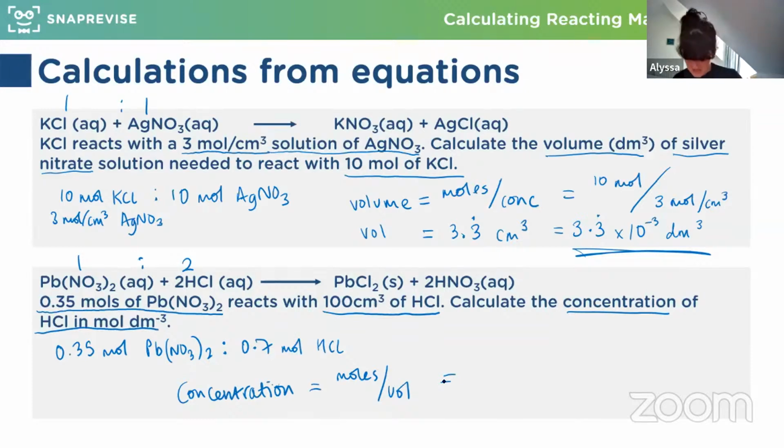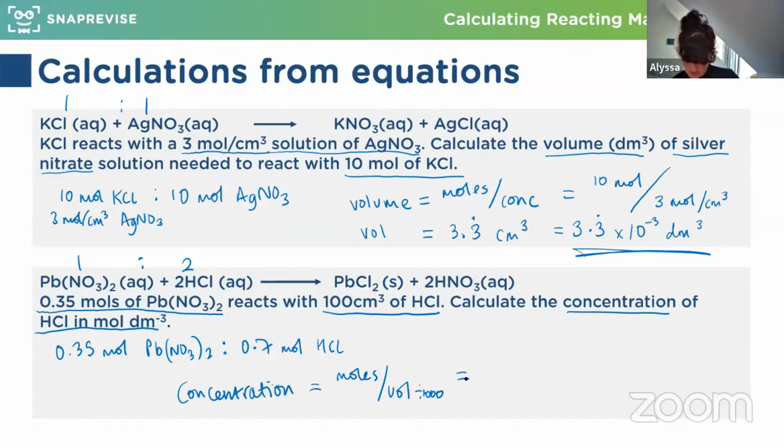So just double check your conversions, because we've got 100 centimeters cubed. So our volume needs to be divided by 1,000, or you can do the whole thing times by 1,000. It doesn't matter which way around you do it, as long as you do them together, as long as you do them in the right order.